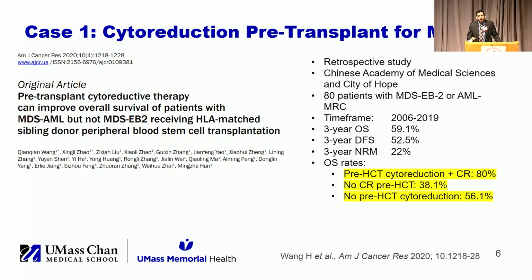However, if they did not undergo pre-transplant cytoreduction, the 3-year OS was only 56%. So this was in support of pre-transplant cytoreduction for this subgroup. And the inclusion criteria were more so based on the WHO-HEM4 revised, which was MDS EB2 and AML MRC. But I thought that was similar to the patient in case number 1.